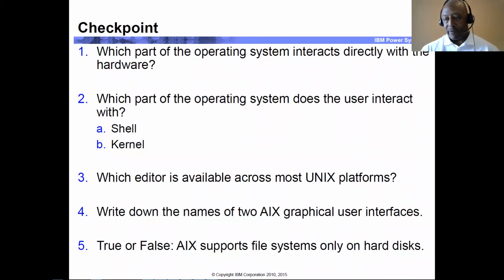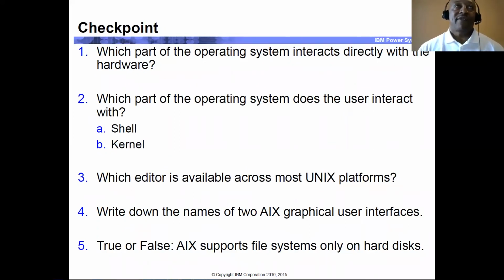Okay, is everyone back yet? Okay, we'll go ahead and begin with our checkpoint questions. Please feel free to interact directly with this.